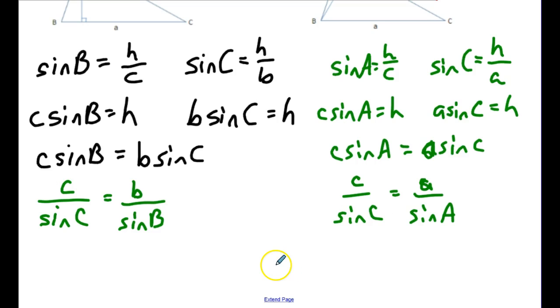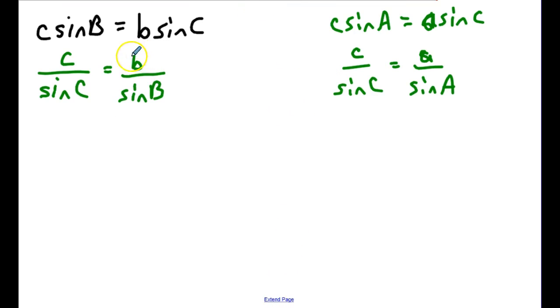All we have to do now, the last step, is combine both of these parts. Since b divided by the sine of b is equal to c divided by the sine of c, and a divided by the sine of a is also equal to c divided by the sine of c, we can combine these equations into one.